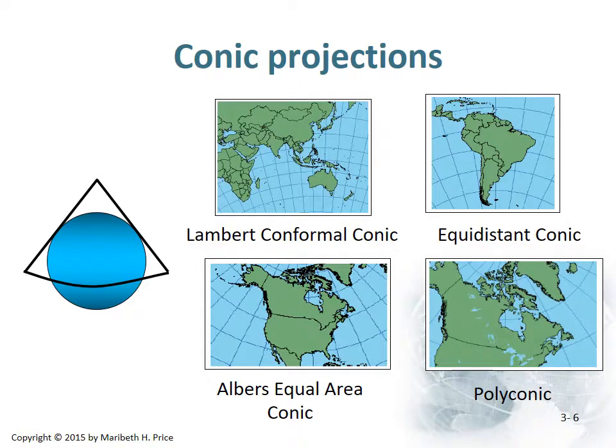A polyconic map, if the lines of latitude are centered properly, is very good at focusing in on a particular region or a continent and reducing the amount of distortion for all different map properties for that particular area.